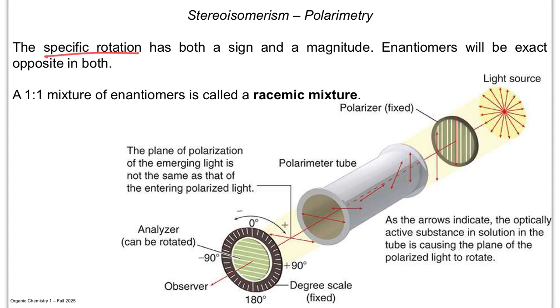That value will be opposite sign, but equal magnitude for the enantiomers. So if you have a sample that is a 1-to-1 mixture of R and S, the specific rotation is going to be 0, because anything that goes to the left is canceled out by what goes to the right. And that's called a racemic mixture.